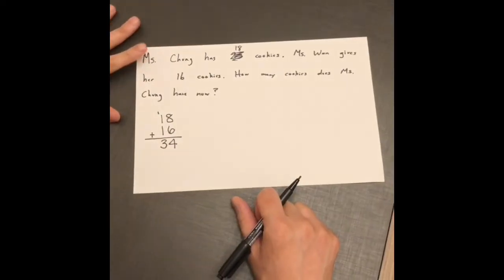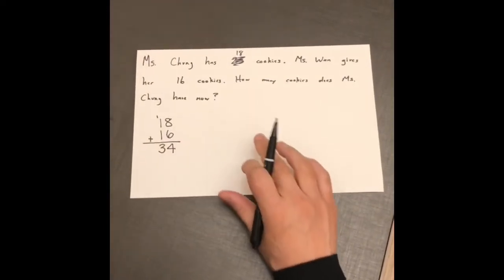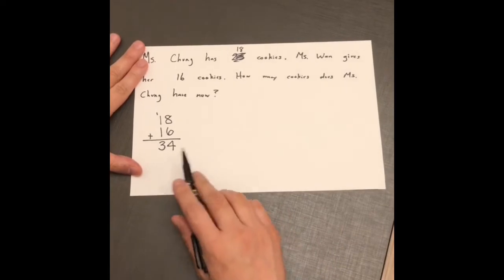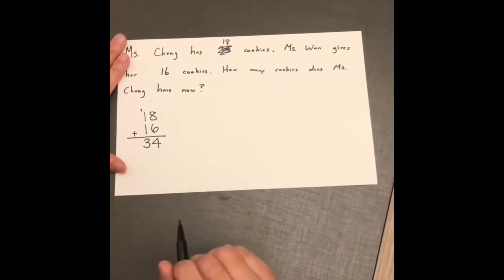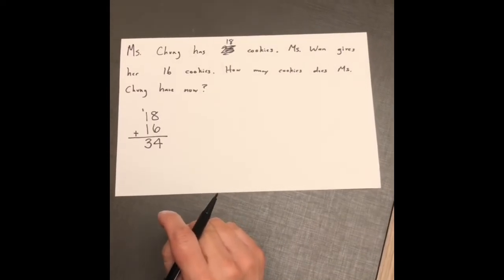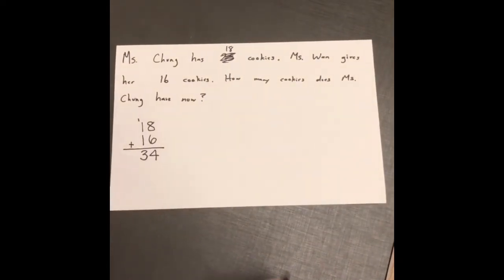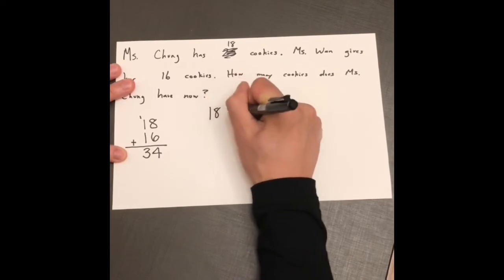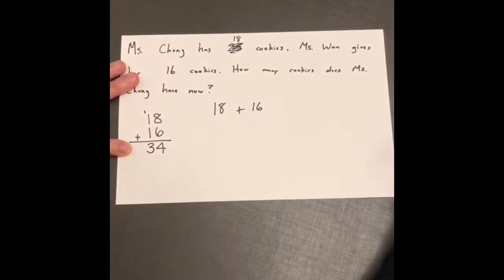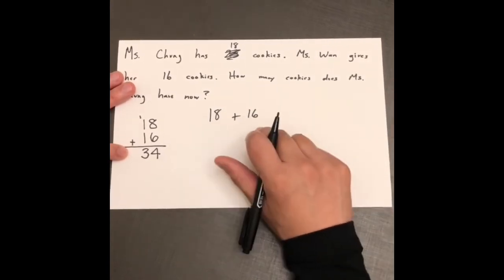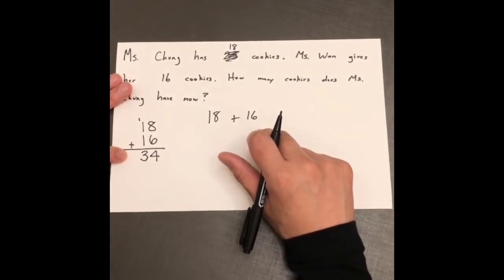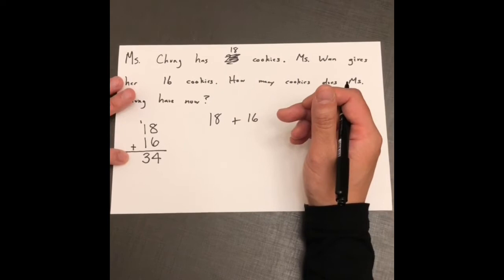Wow, Miss Chung, thanks for sharing that way. I like how you used your 10s and 1s to solve it with the vertical addition. But you know what? I know more ways to solve it. What other ways do I know of? That's right, we learned number bonds. So I have 18 plus 16, right? Then I say, how would I break this up? Number bonds, remember, we want to make a number to the 10s and 1s.